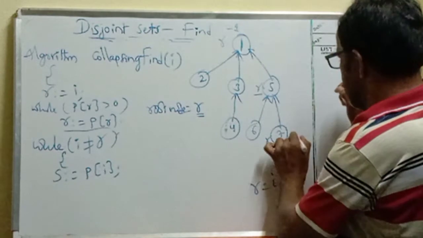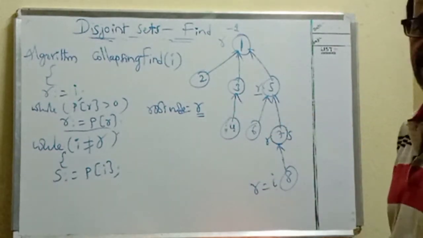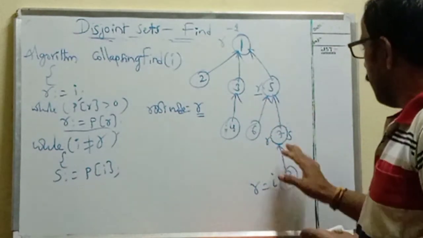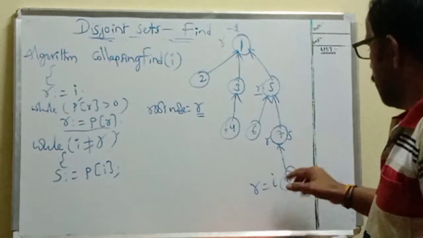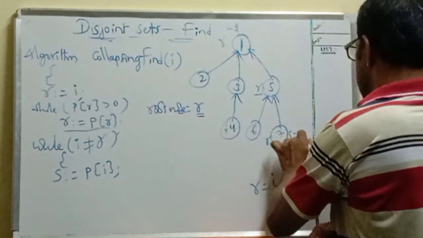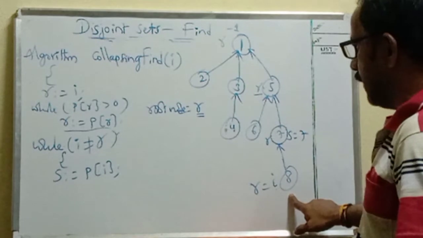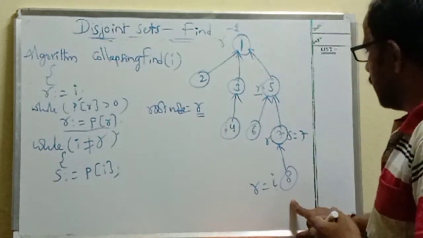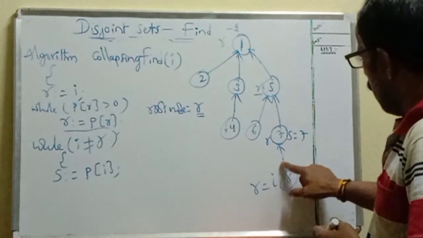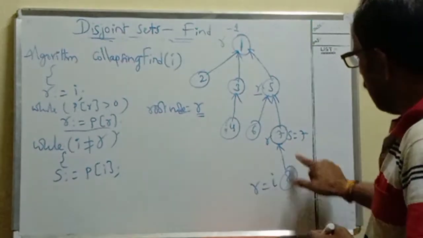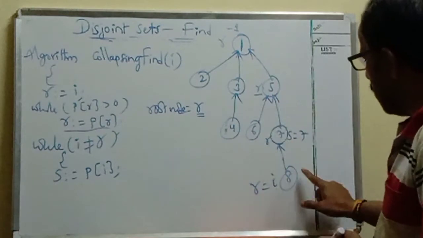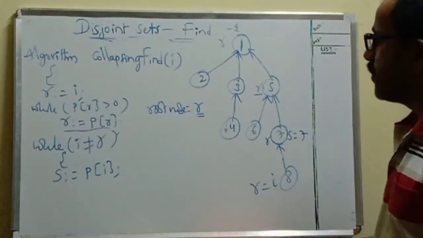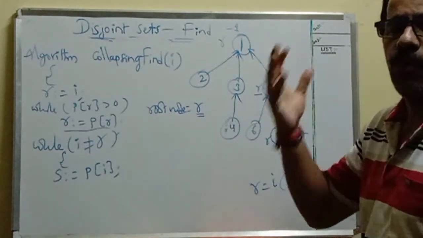Then make it S. That means initially we are copying P of I into S. So what is S now? S equals 7, because I equals 8. Until I reaches the root node, we are supposed to break all the edges between I and the parent, and attach them as direct children, or next immediate children, of the root node.